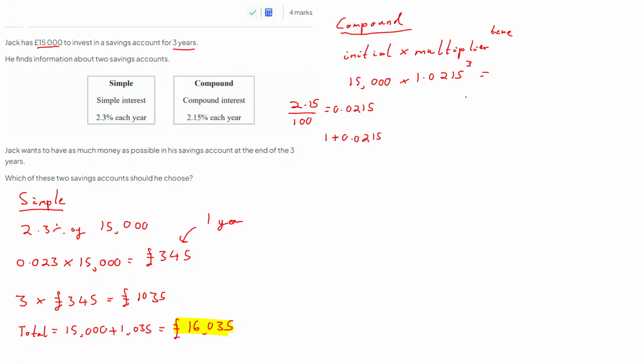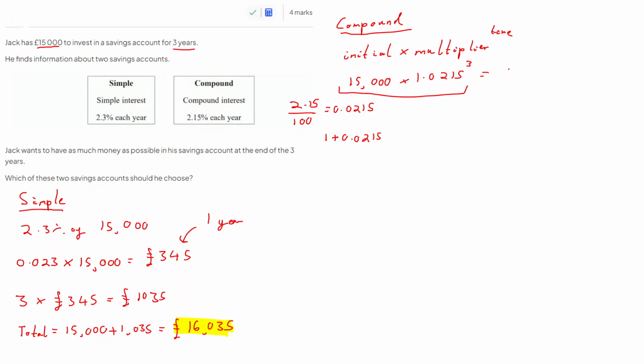And we put that into our calculator and see what we get. It should be pretty close to that other number. If you got an answer which was crazily away from that, usually when you compare stuff in exam questions, they're quite close. So, 15,000 times 1.0215 to the power of 3. And there we go.